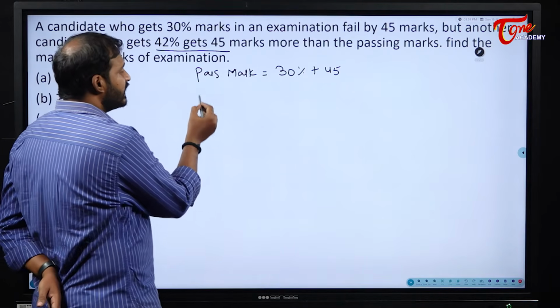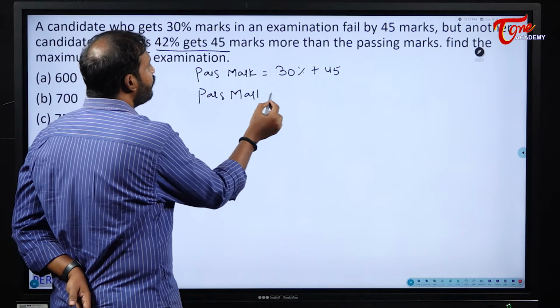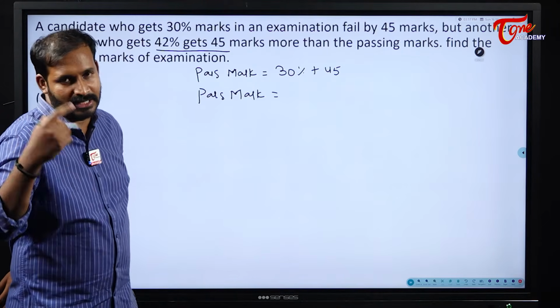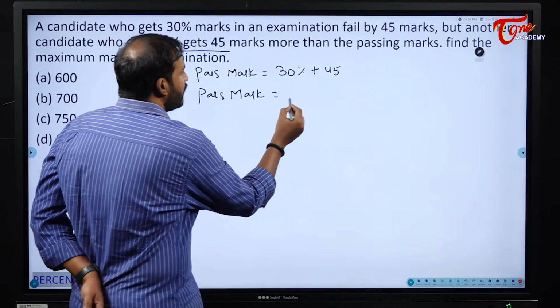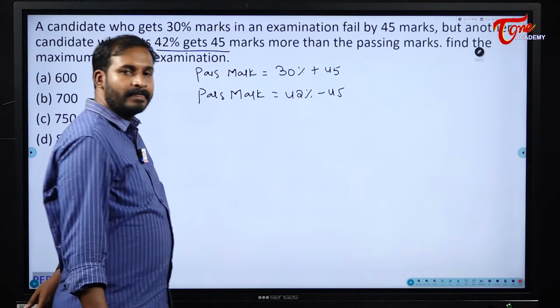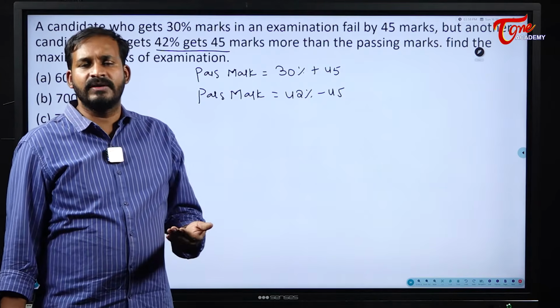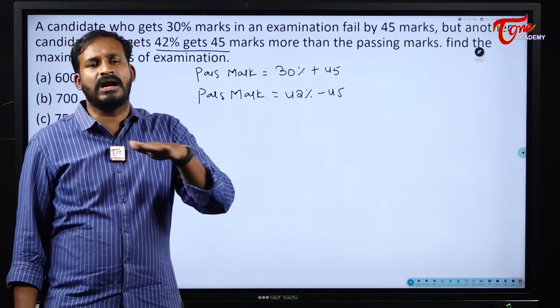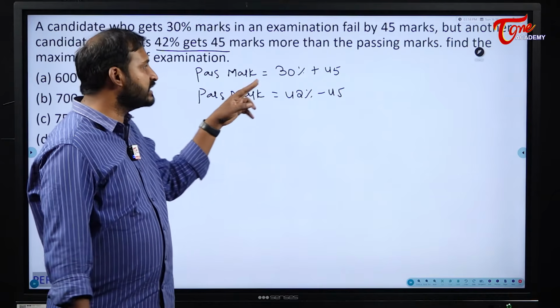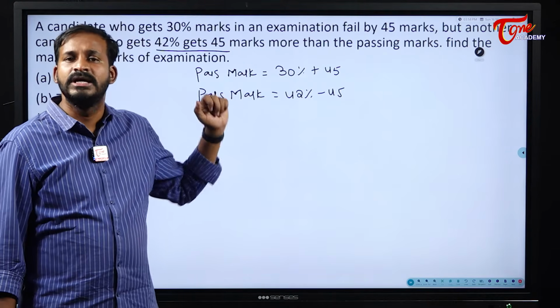Next, from the second candidate, what is the pass mark? He got 42% and he got 45 marks more than the pass marks. That means the pass marks according to me is 42% of total minus 45, right? If we reduce that 45 marks, he will pass by the borderline. So we have written the pass marks from the perspective of the first candidate and the second candidate.